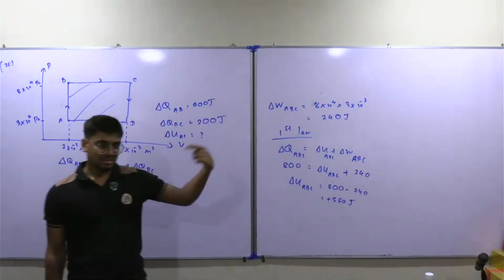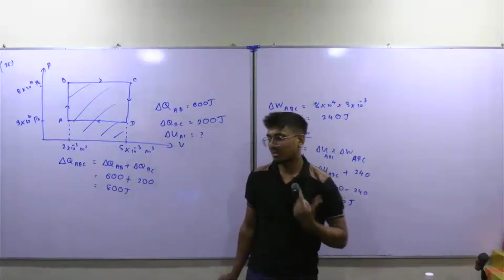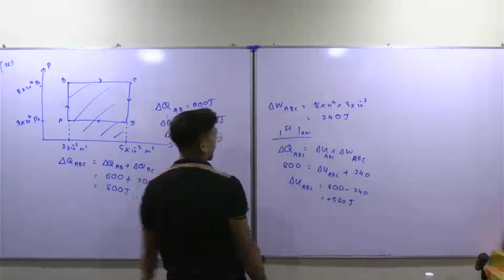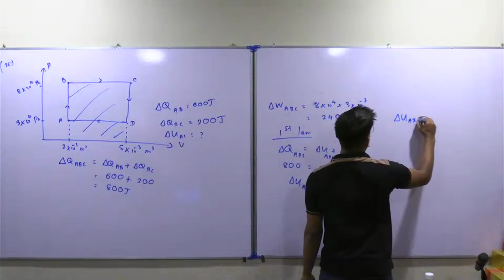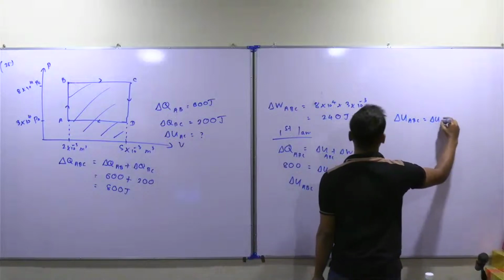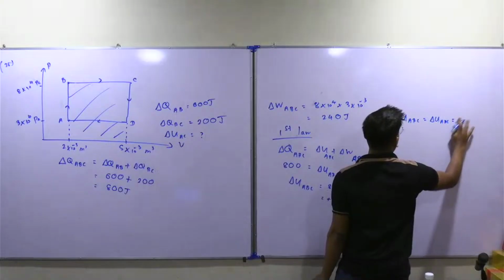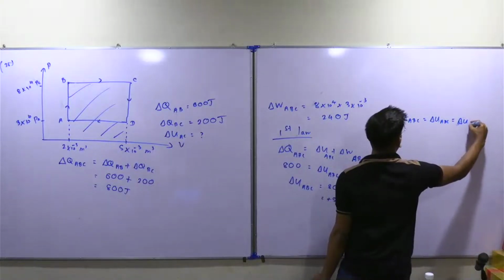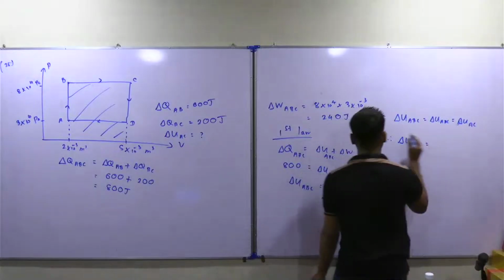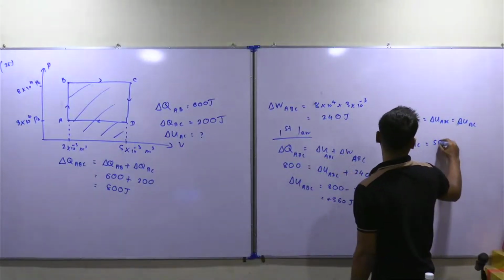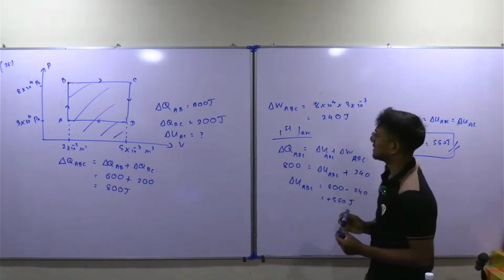So the internal energy change only depends on the initial and the final point. You can say delta U ABC should also be equal to delta U ADC. That is also equal to delta U AC. So delta U AC is also the same thing, that is 560. Clear? Same change in internal energy.